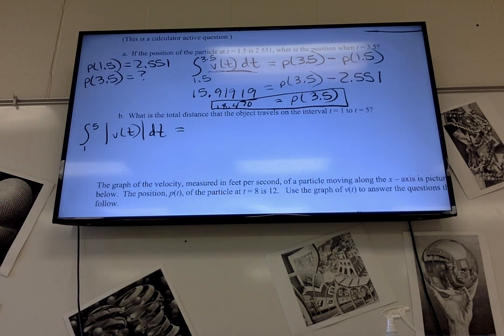Yeah, I'm just going to retype it. But does everybody see how to get the absolute value in there?